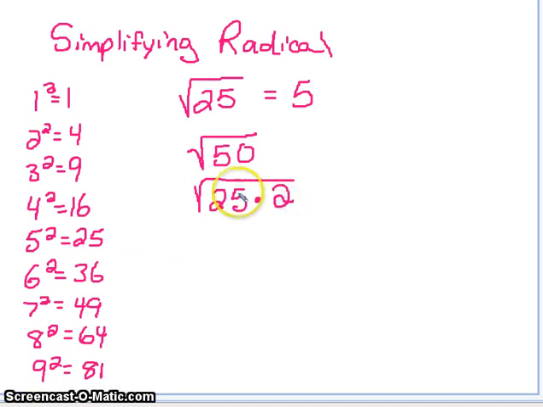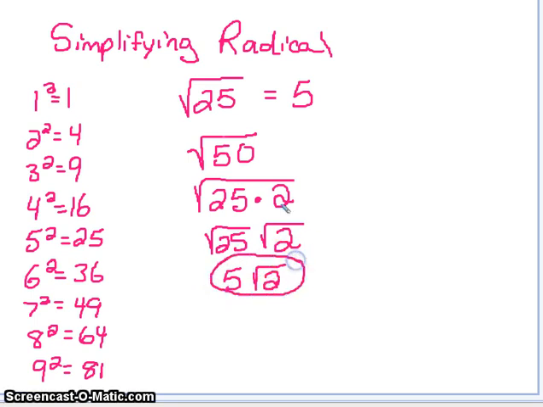If we separate this into the square root of 25 times the square root of 2, then that allows us to take the square root of 25 and the square root of 2, and we can take the square root of 25 and get 5 square root of 2. This is our simplified radical, or our simplified square root, for the square root of 50.